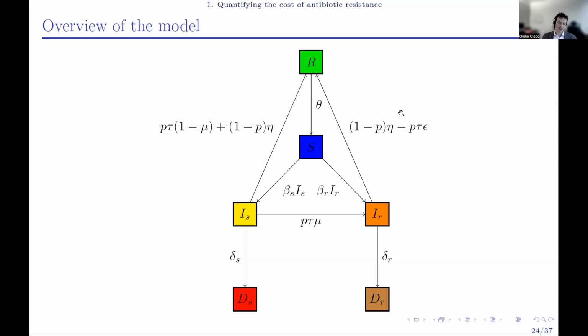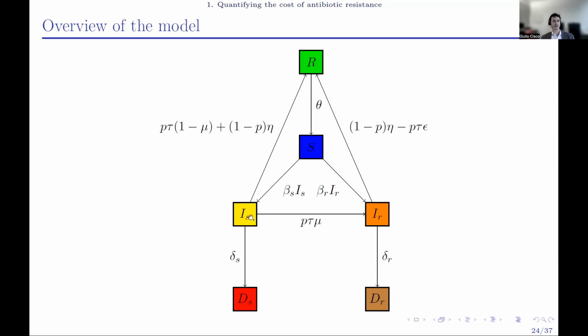Again, I don't want to show you in detail the mathematical behavior, but the general idea of the model applied to resistance in this case is that at the beginning, of course, all the population is in the susceptible compartment. Then when you have the infection, you go here into infected by susceptible bacteria.